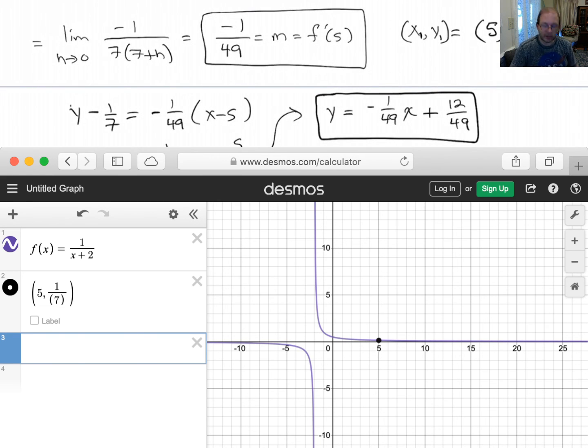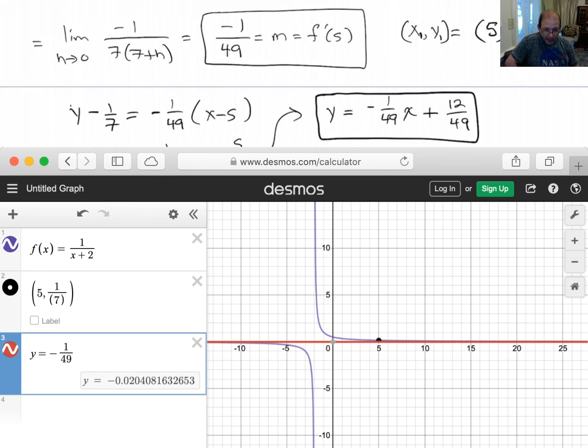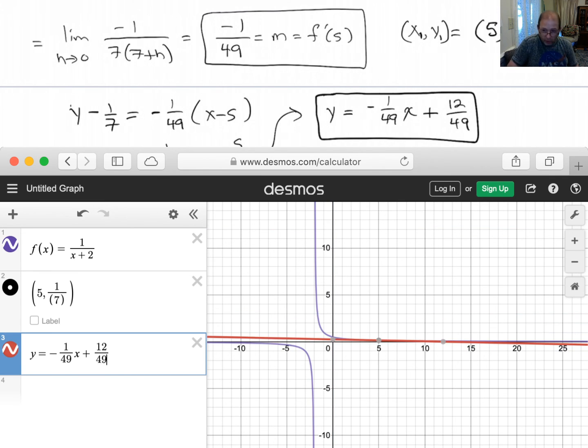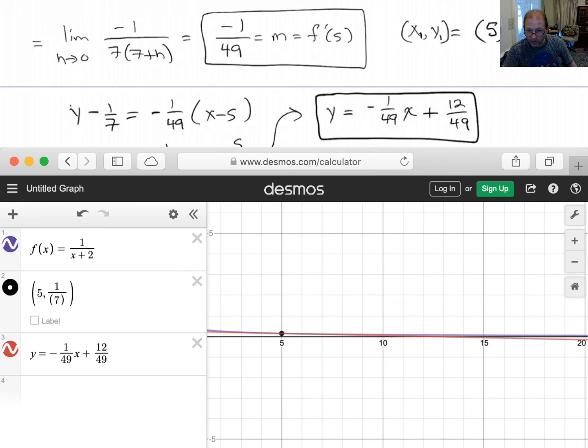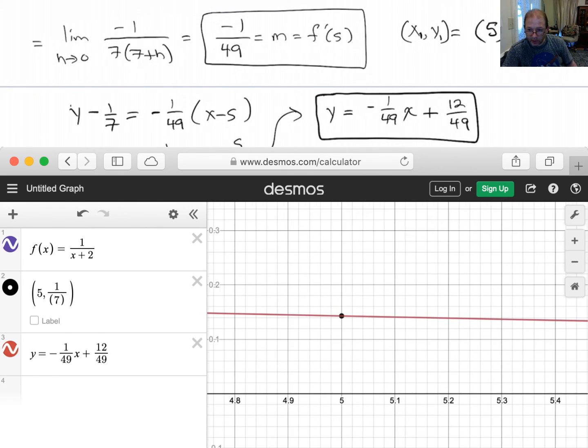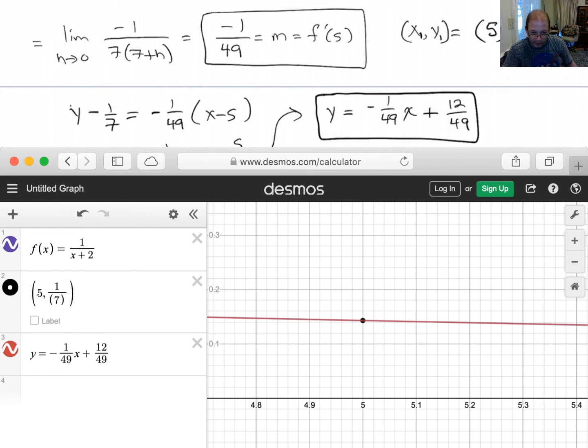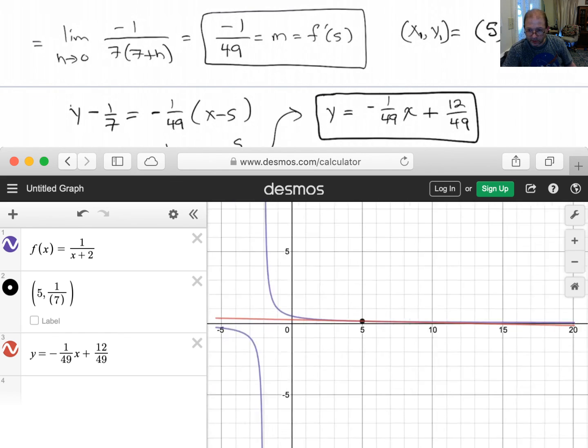Let's write our function in there. Y equals negative 1 over 49x plus 12 over 49. And it looks like it goes right through there. Let's zoom in on it and see. Yep, right there. We've got both curves there. If we zoom way in, well, first let's zoom out.